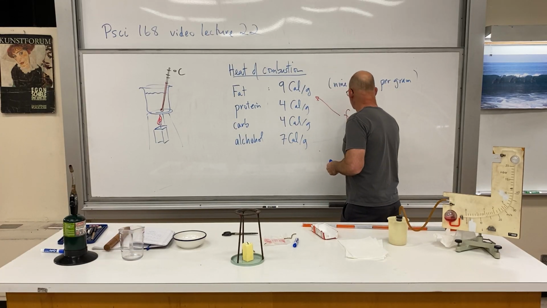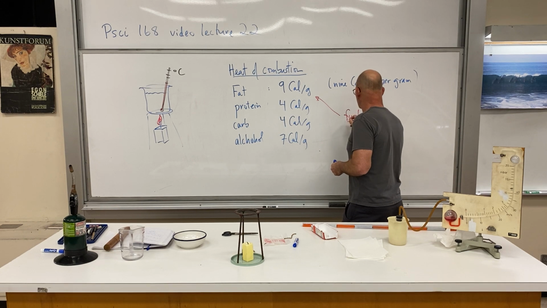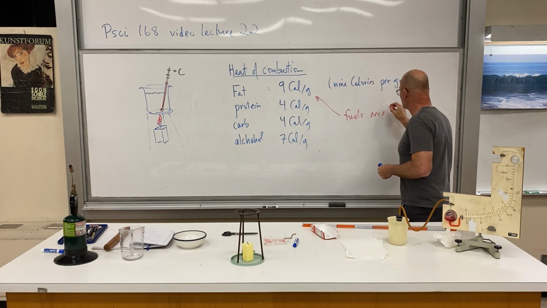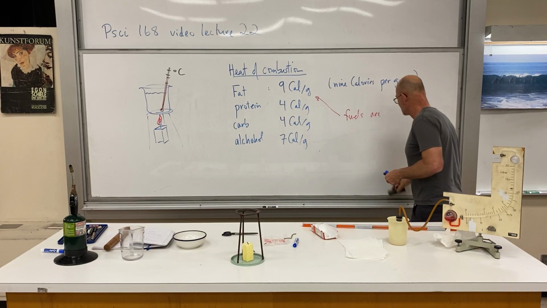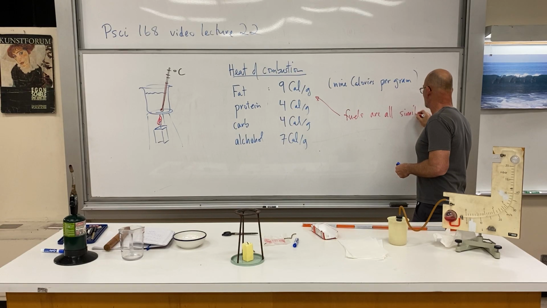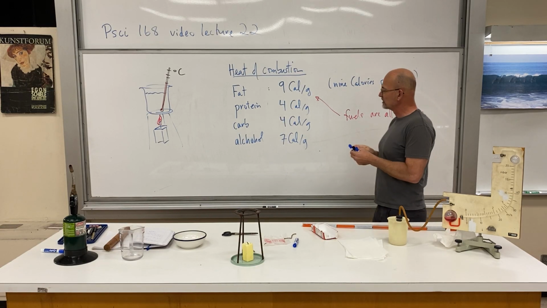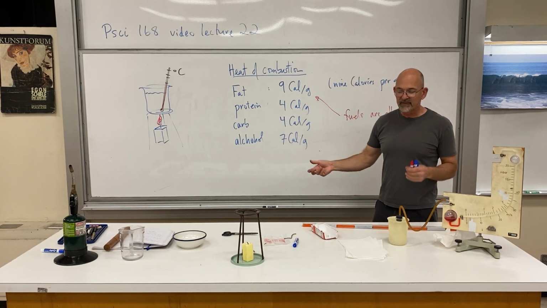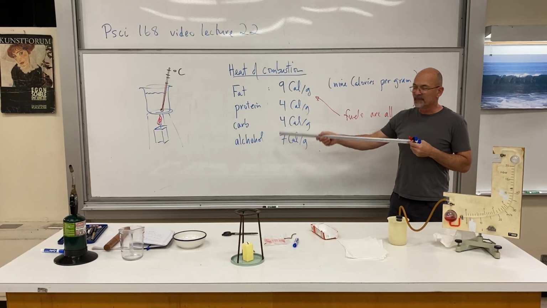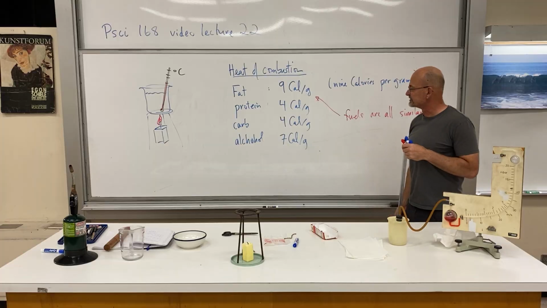So fuels are all similar. We'll talk later about coal and natural gas and this, that, and the other. It's all roughly these amounts here. Okay, so that's a good thing.